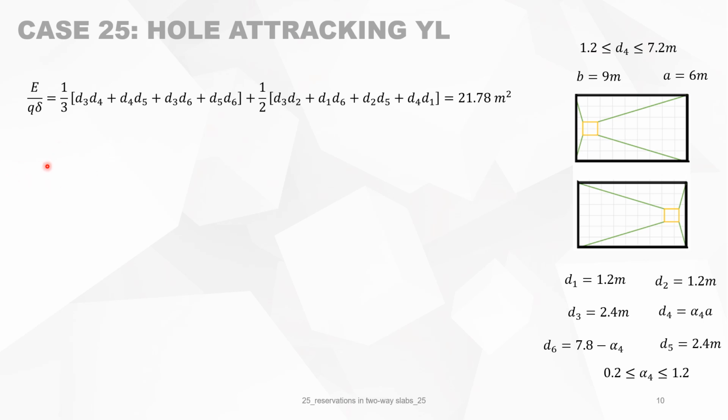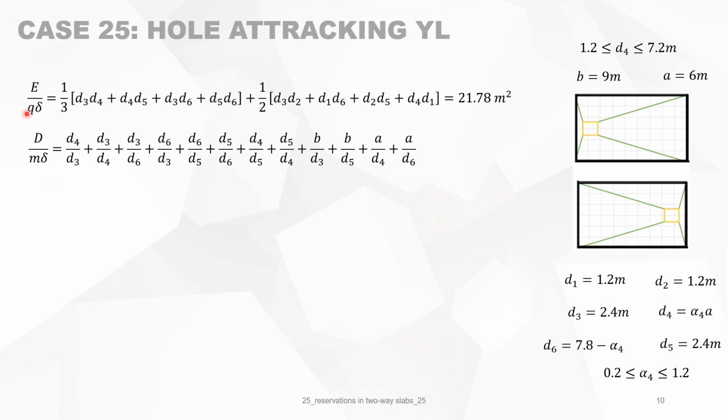So now we'll see what are the formulas, what do they tell us? We calculate the work done by the external forces, and when we substitute all those different parameters, we find it's 21.78 square meters. So it's not a function of alpha 4, so it's fixed.